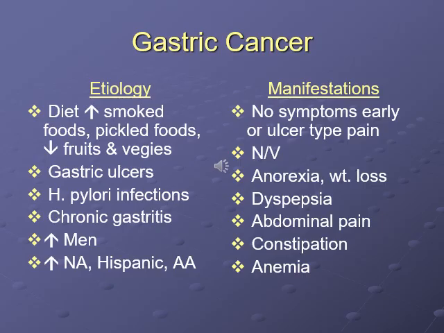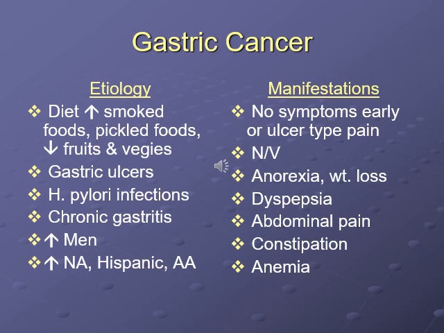So with gastric cancer, some of the main causes or some things that put a person at higher risk would be more smoked or pickled foods, less fruits and vegetables, gastric ulcers, again, a small percentage of a correlation there, chronic H. pylori infections or chronic gastritis.